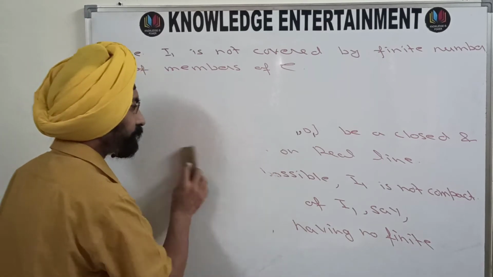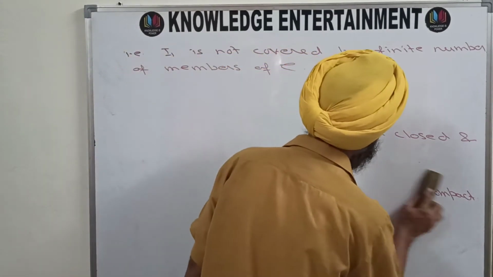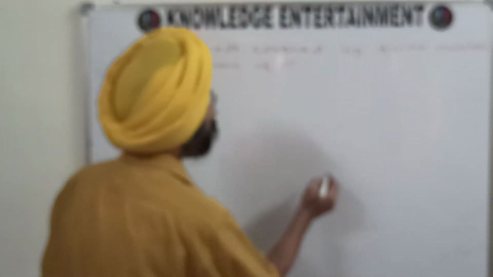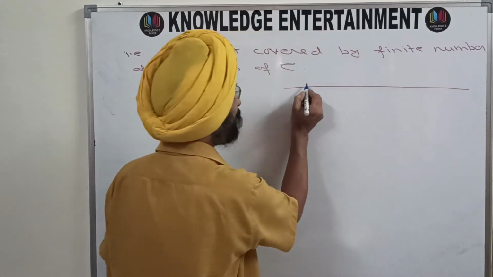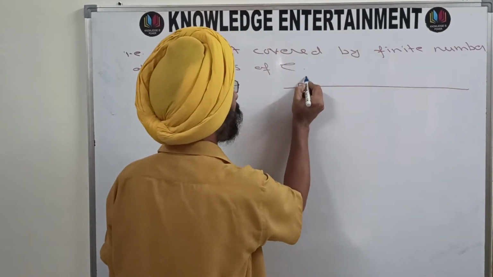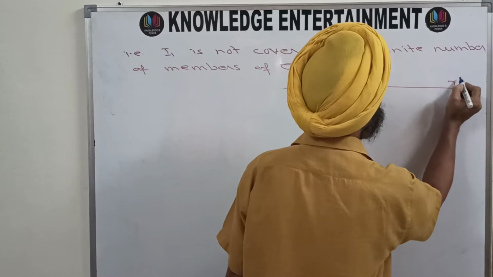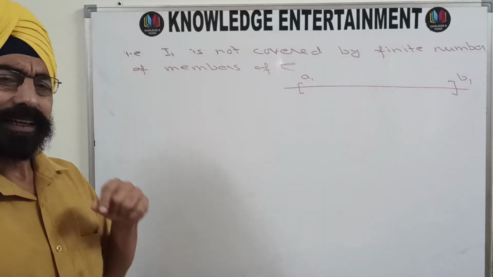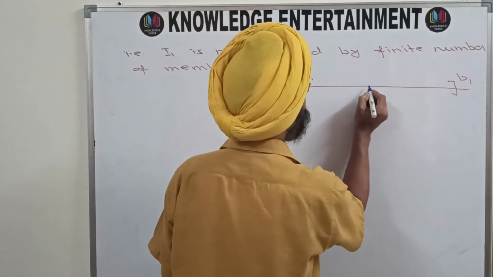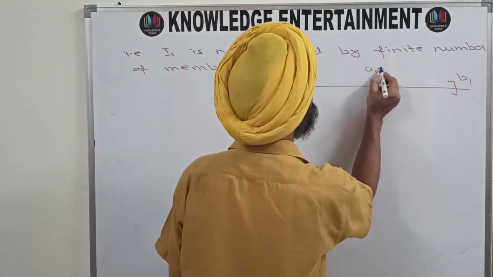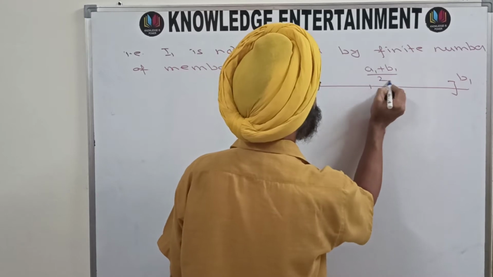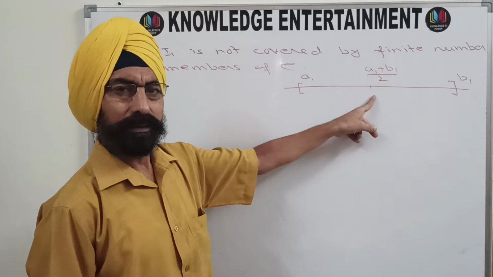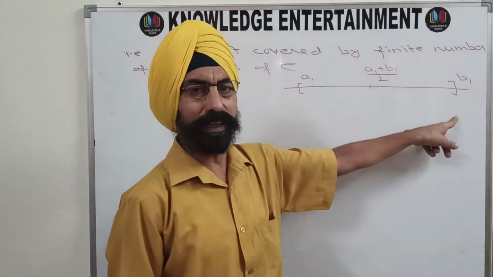Now look, we are talking about the real line. So this is the real line. Here you have your I1, A1 and B1. Take their middle point, that means A1 plus B1 divided by 2. This point will break this closed interval into two parts.